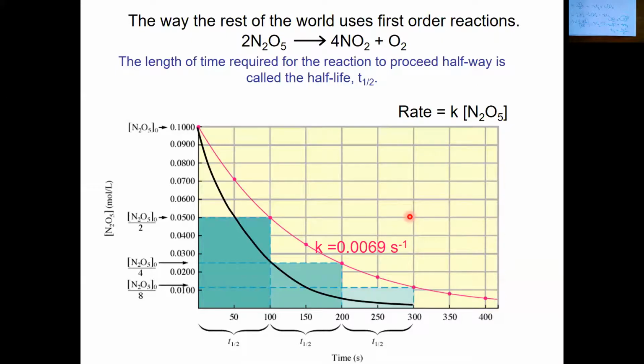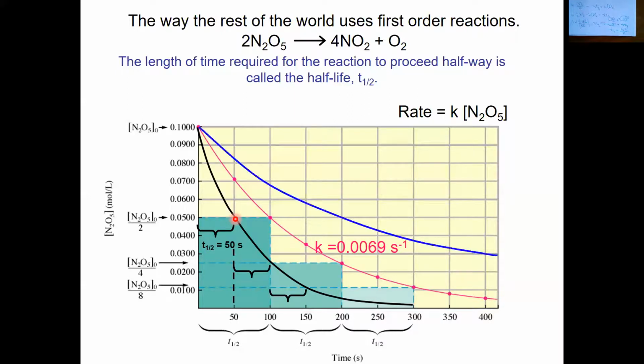What if I compare the pink trace to a black one? This one has a shorter half-life. Here is when I reached the halfway point. That is when half of my reactant has been consumed, and that is a shorter half-life than the pink trace. There's my second half-life. The half-life for the black trace is 50 seconds.